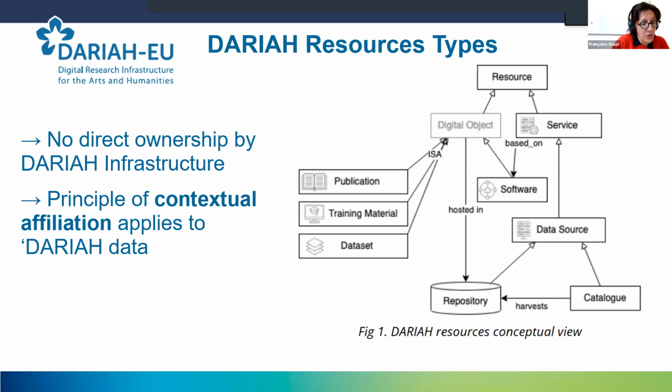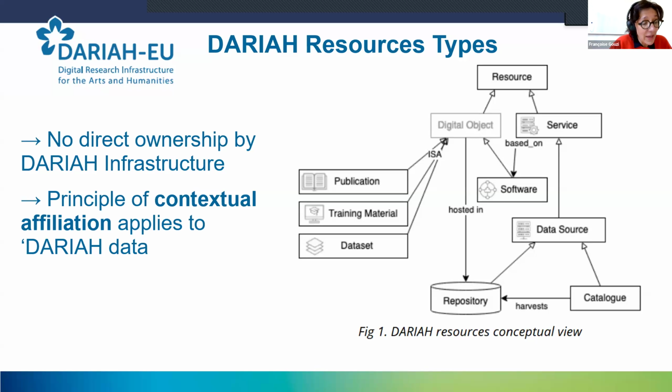A large majority of DARIAH resources are produced at DARIAH partner institutions in member countries and contributed by their respective national consortia. In addition, there are resources also produced in the context of various DARIAH activities, for example, DARIAH working groups funded by DARIAH team calls or by DARIAH and affiliated entities within European projects.